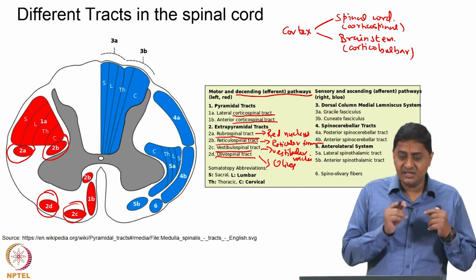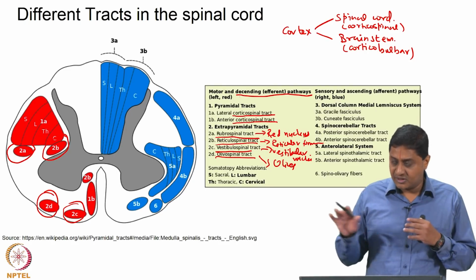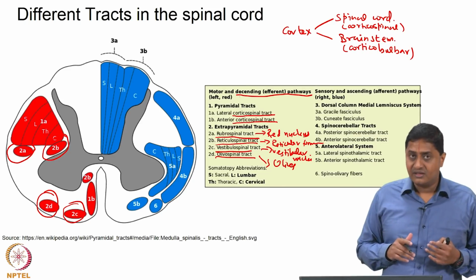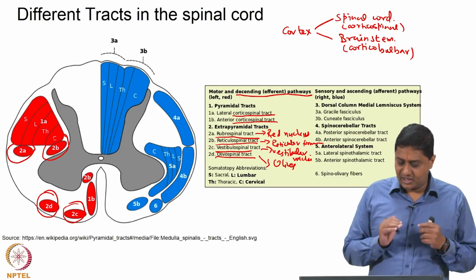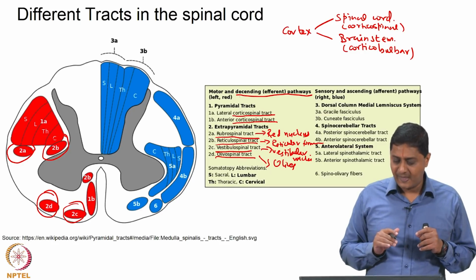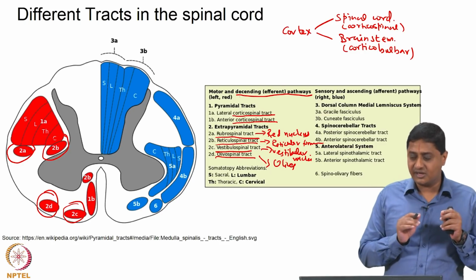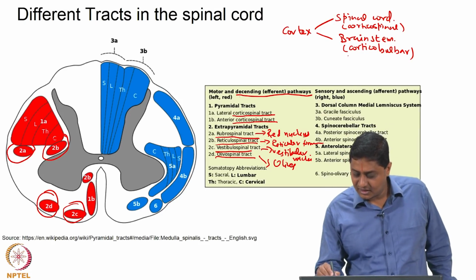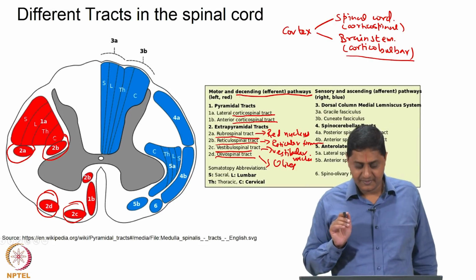If they originate at the cortex and terminate at the spinal cord, that is called the corticospinal tract. If they originate at the cortex and terminate at the brainstem, that is called the corticobulbar tract.